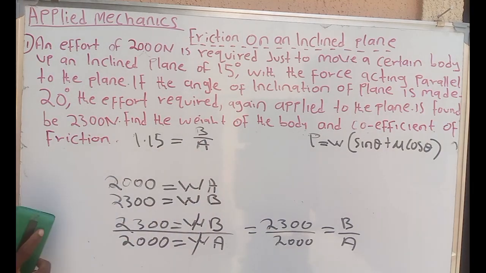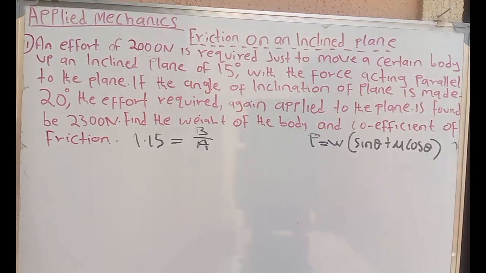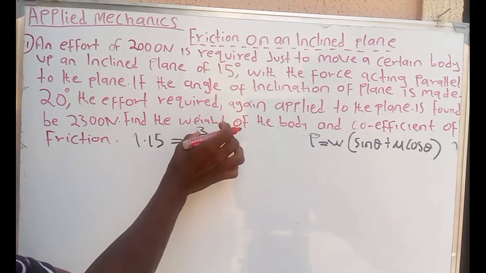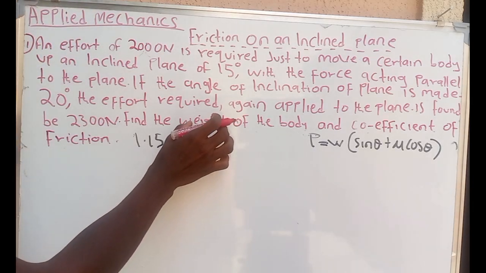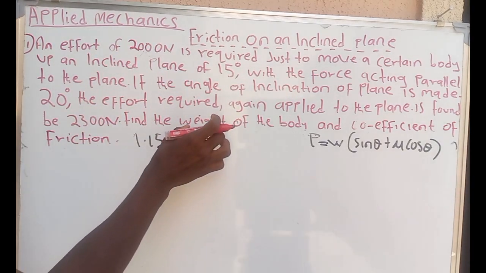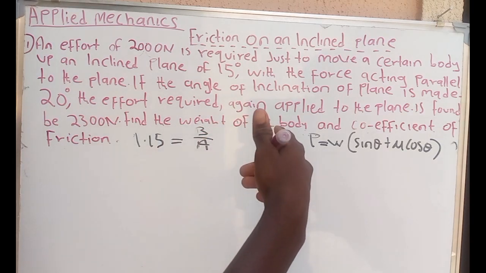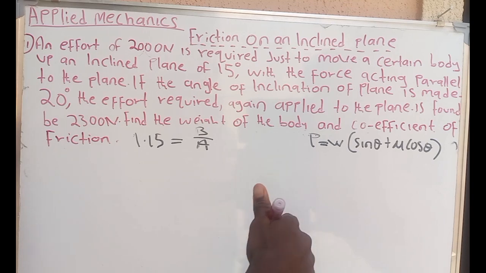So let's clean this. We already know the value of B is for the 20 degrees. If you pause the video and get back, you will see that we let B be sine 20 degree plus mu cos 20 degree.